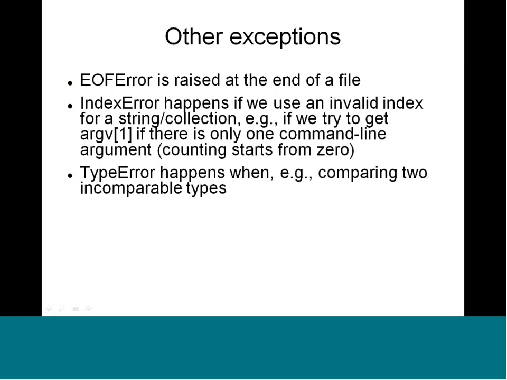The index error happens if we use an invalid index for a string or a collection. Example, if we try to get argv1, if there is only one command line argument, which is basically argv0, then it generates an index error. And then there's also another one called type error, which is if you're trying to compare two incomparable types, like string versus float or something like that. So again, that is the type error.